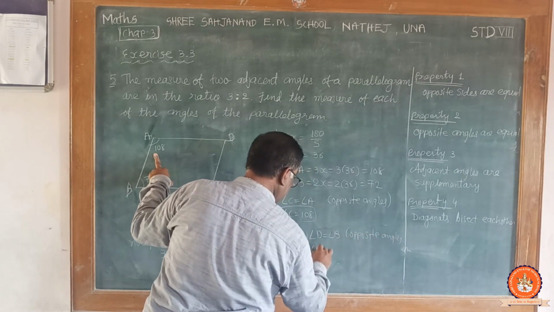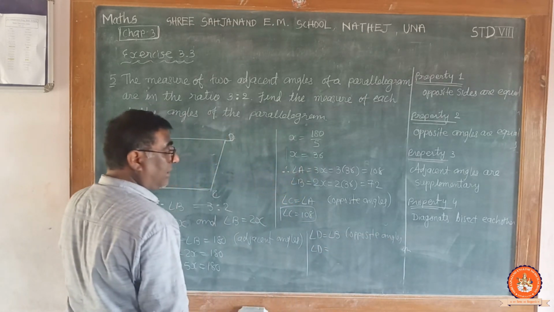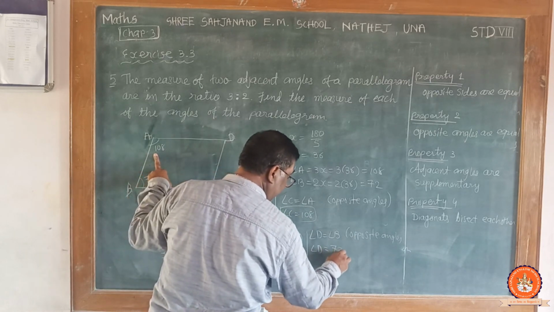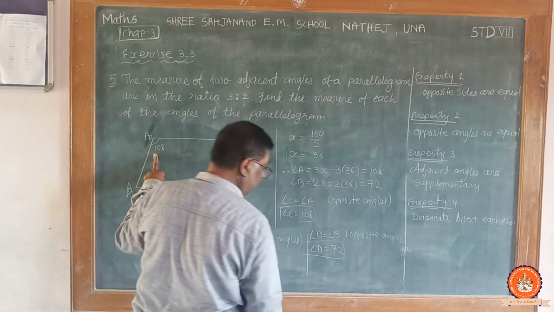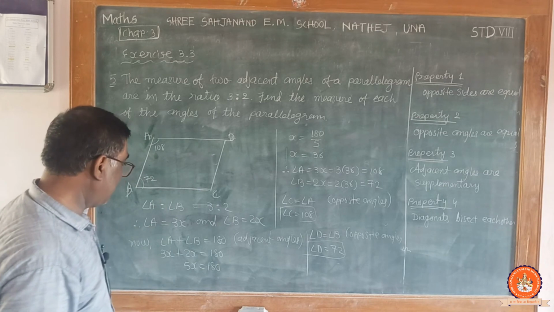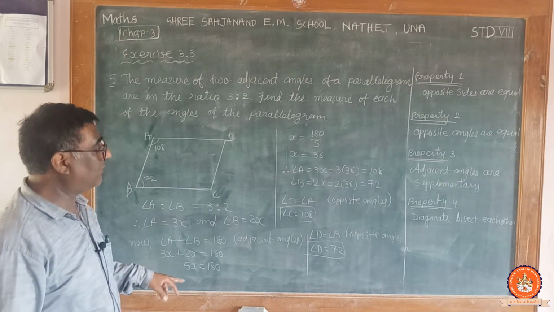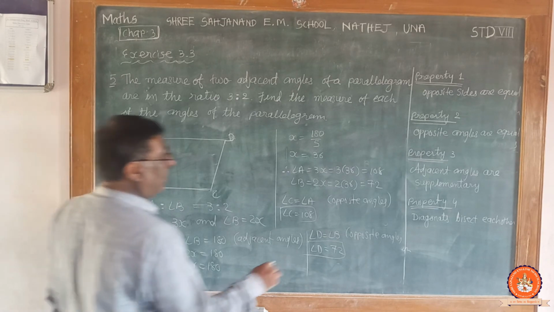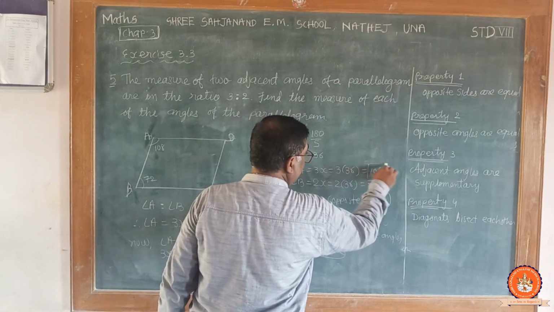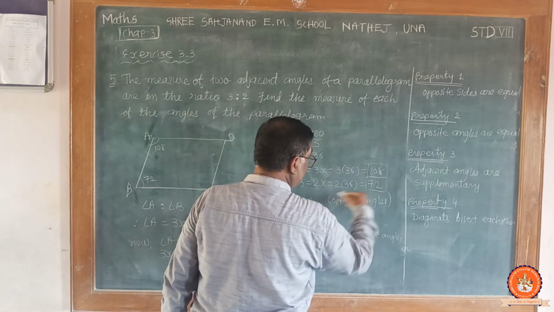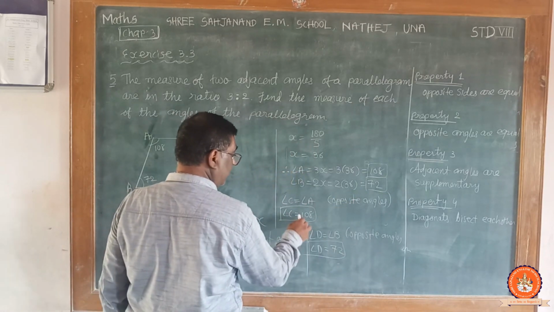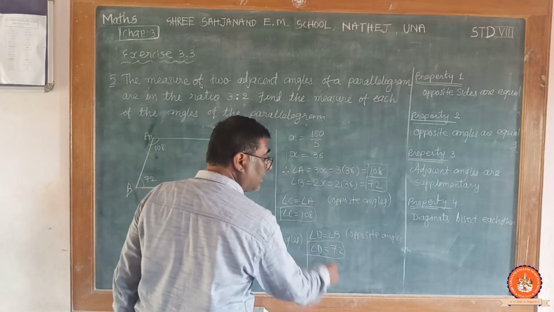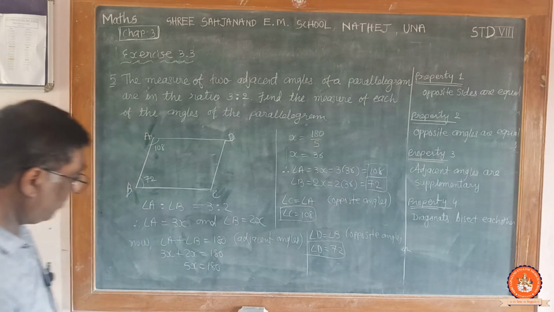So angle D is equal to angle B and angle B is of 72 degrees. So angle D is of 72 degrees. Okay, so this is how we are able to find the measurement of all the 4 angles. Angle A is of 108 degrees, angle B is of 72, angle C is of 108 and angle D is of 72. Okay, very good.